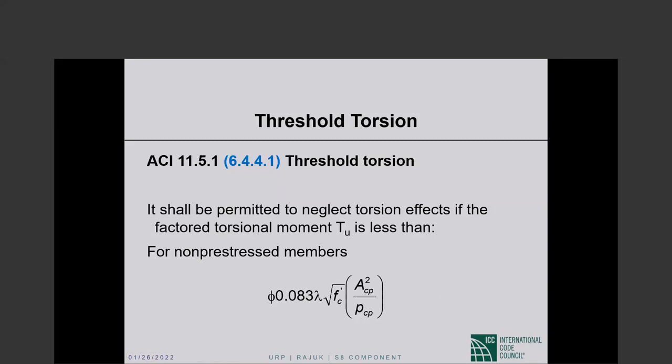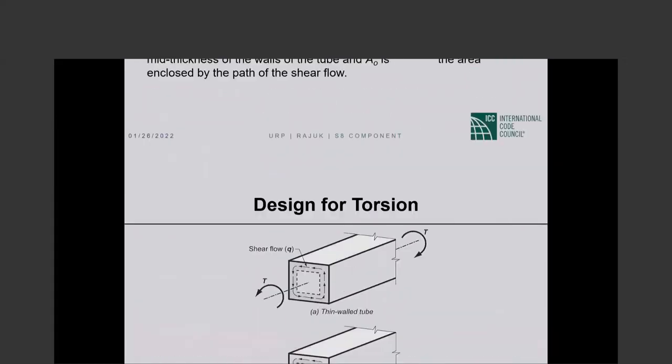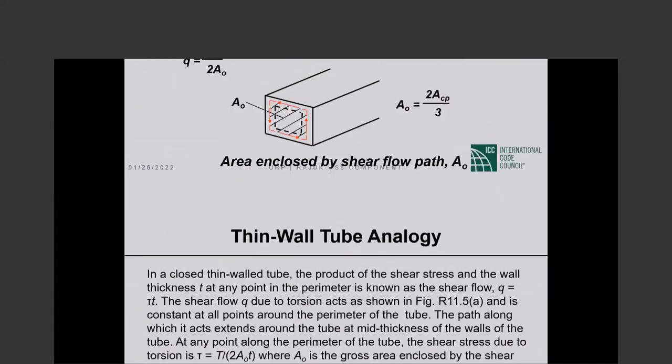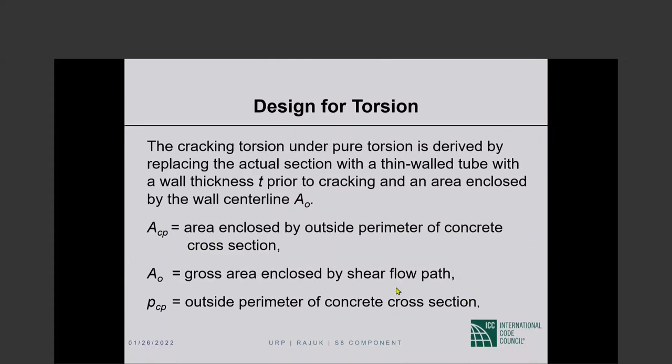P sub cp is the outside perimeter of the concrete cross section, A sub cp is the area enclosed by the outside perimeter of the concrete cross section.